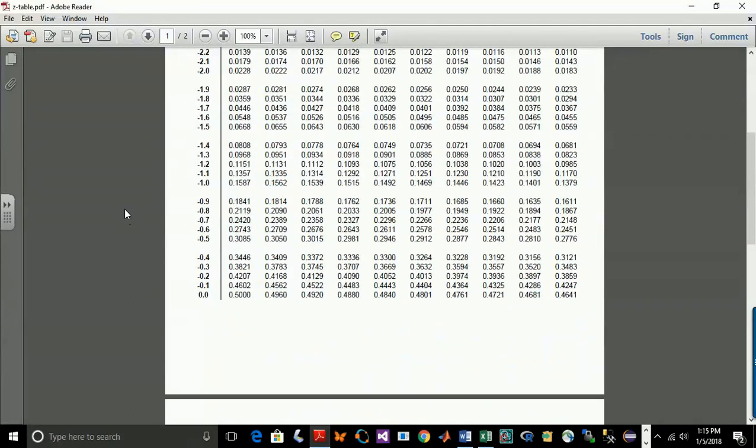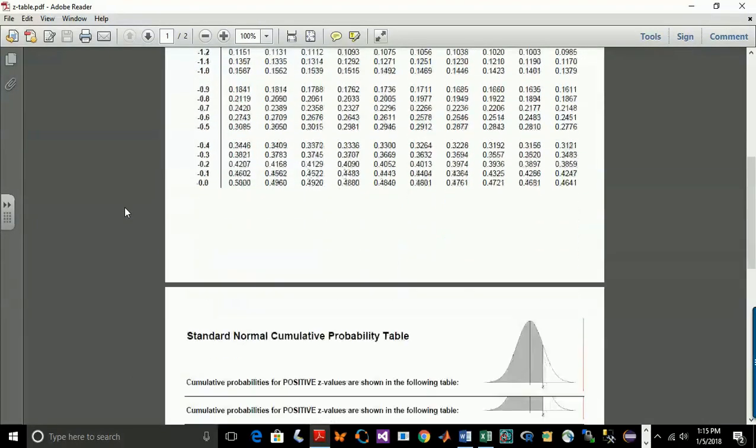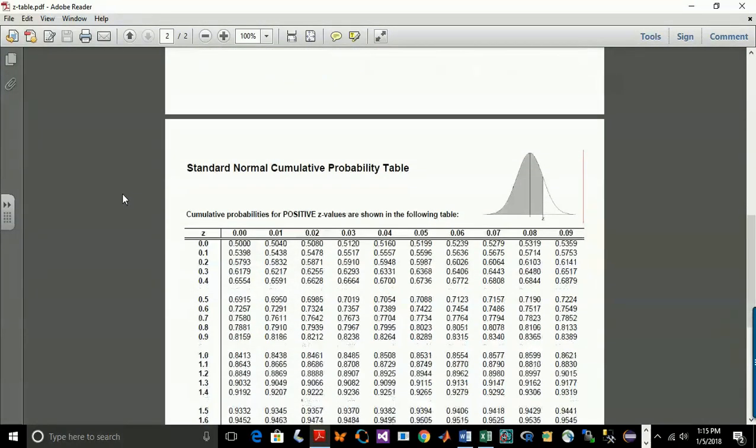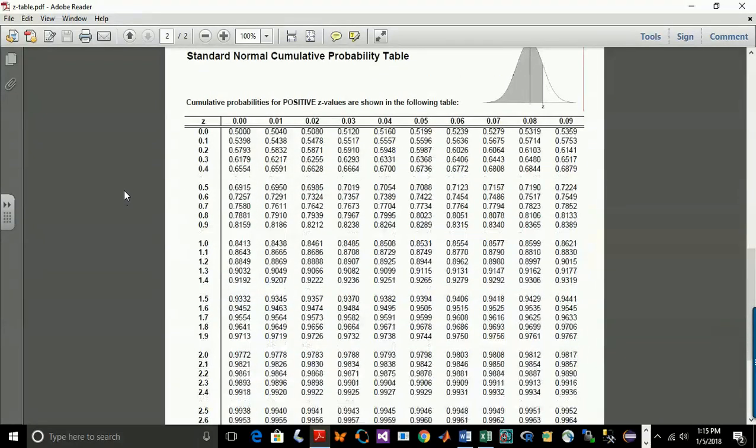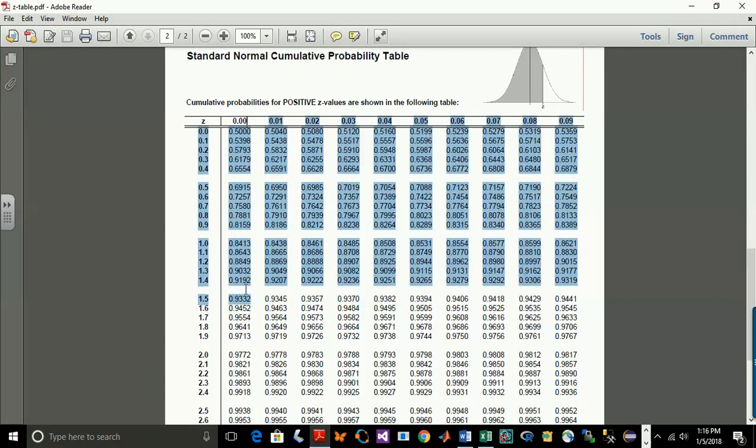Now remember, in the announcements, I posted this table, so you can download it rather than having to sift through your ebook. So we look up 1.5, and you intersect this row with this column, and you concatenate the numbers. You concatenate 1.5 with 0.00, and you get 1.50, and so the cumulative probability is 0.9332.